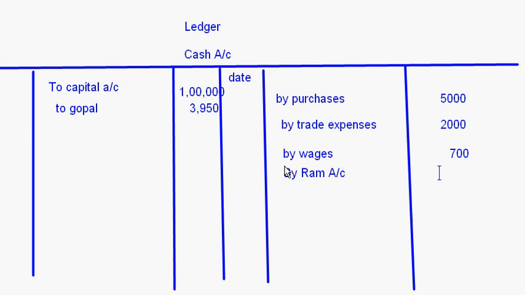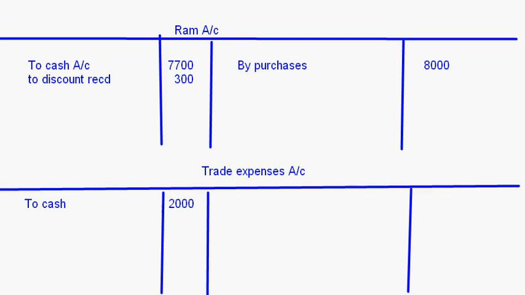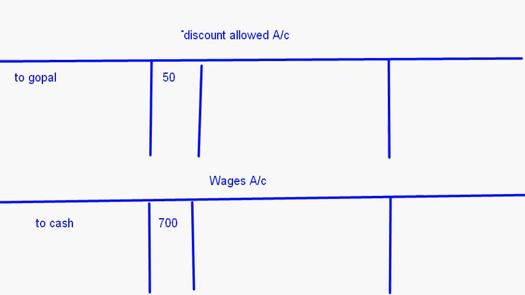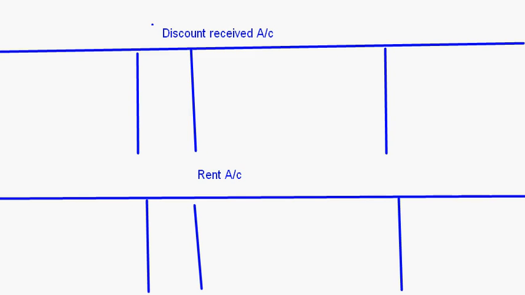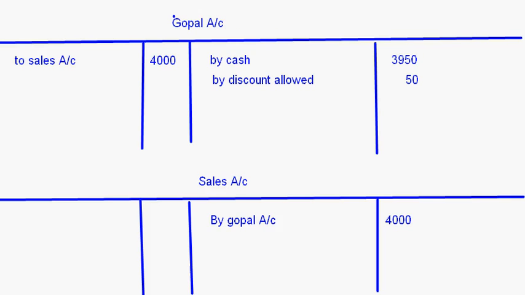That will be 7,700. And then we have one more account, which is the discount received account. In discount received account, again we will write by Ram, that is 300 rupees, right? That is the discount received, fine.